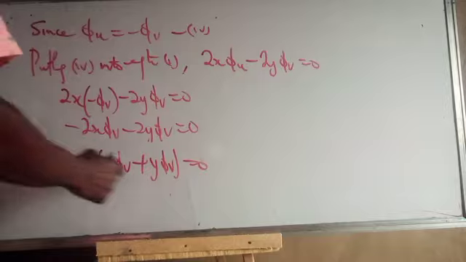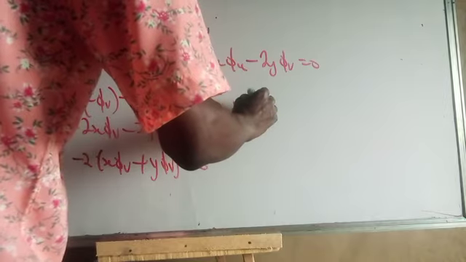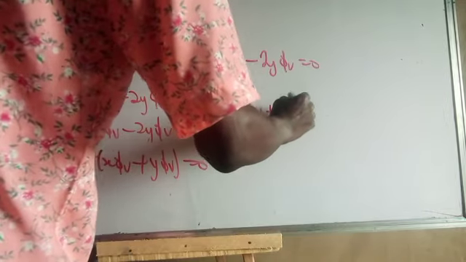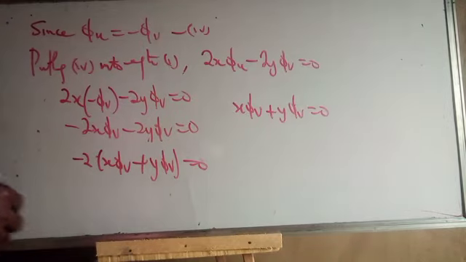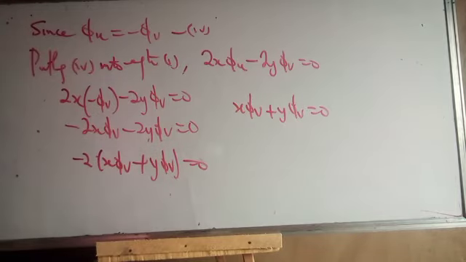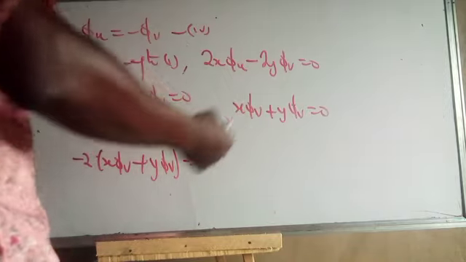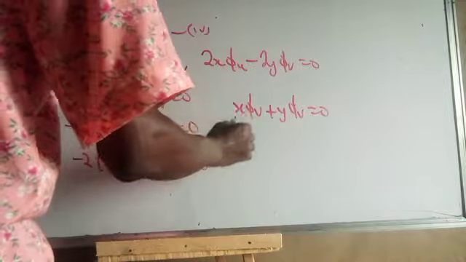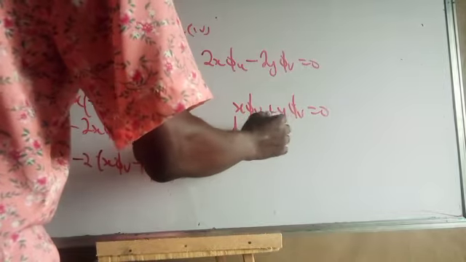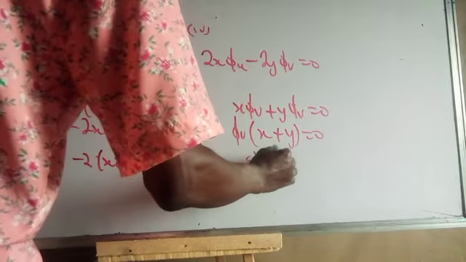When you divide this 0 by minus 2, it's still 0. This will lead us to x phi v plus y phi v equals 0. So you can say that phi v into x plus y is equal to 0, which implies that x plus y is equal to 0.